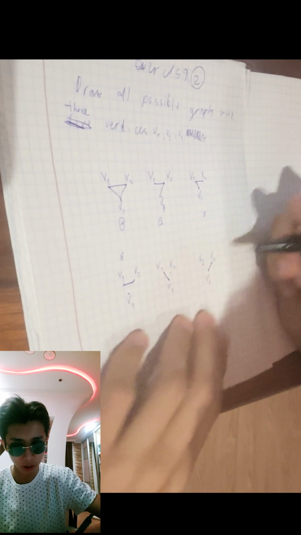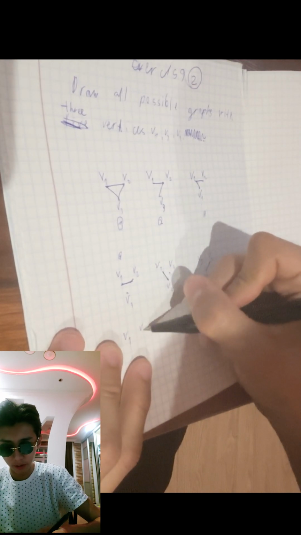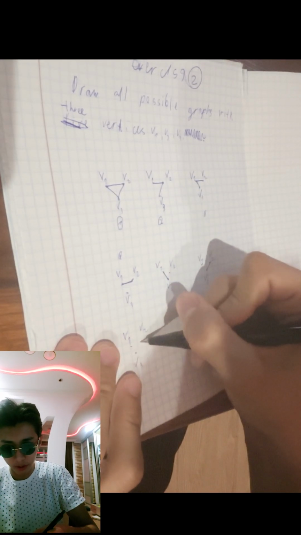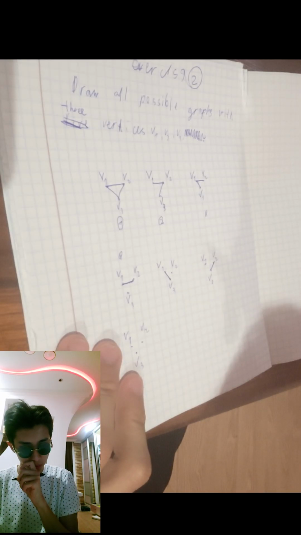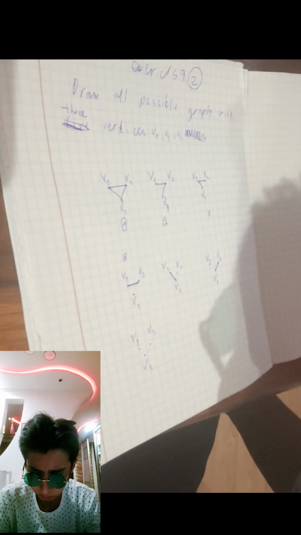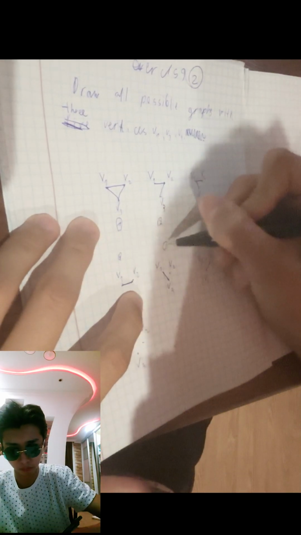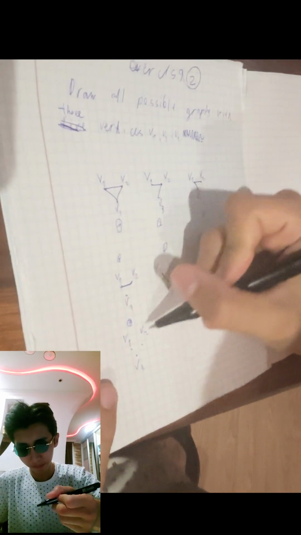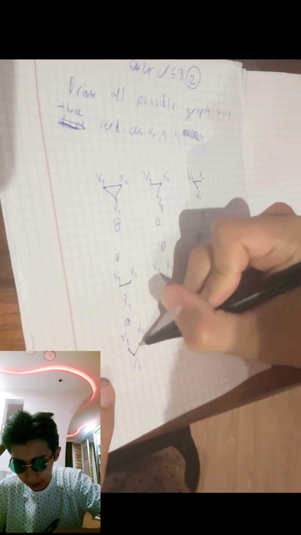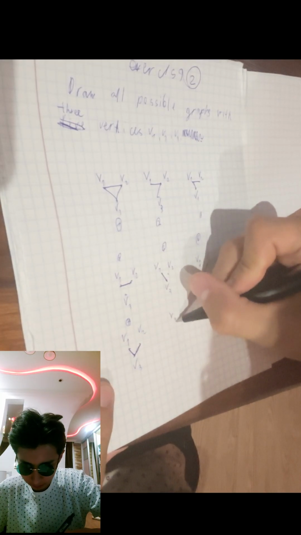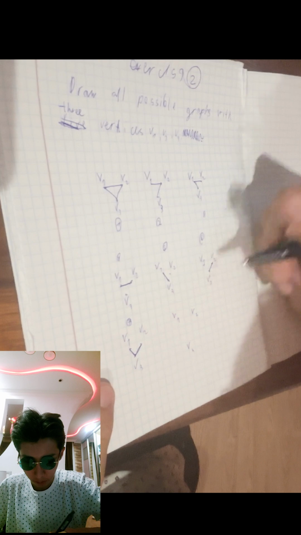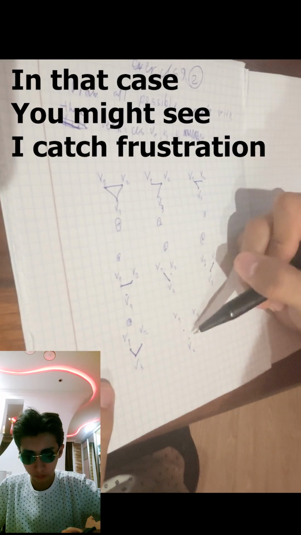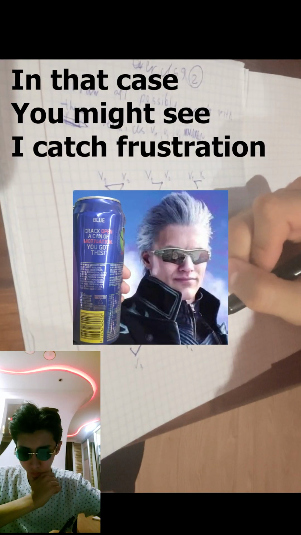Which combination haven't we used? Oh, I see. I haven't used the graph with V1, V2, V3 all connected.